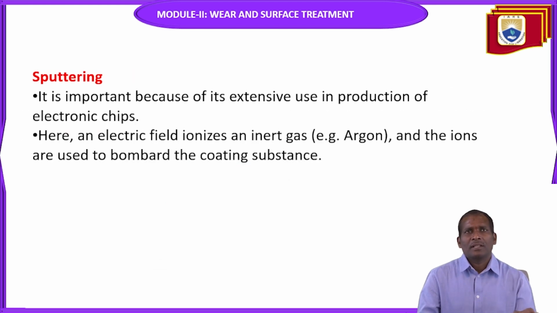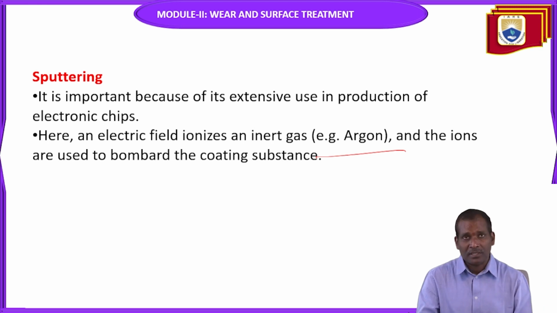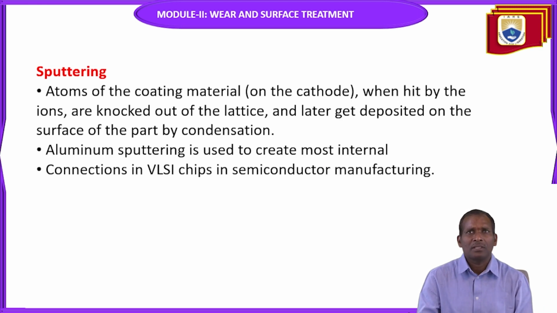Sputtering is important because of its extensive use in the production of electronic chips. Here, an electric field ionizes an inert gas, that is argon, and the ions are used to bombard the coating substance, the sputtering process.